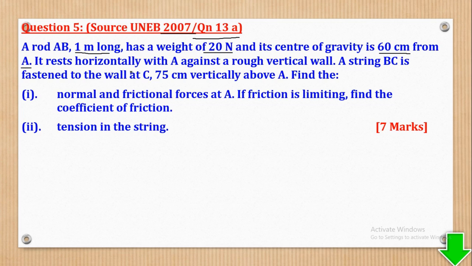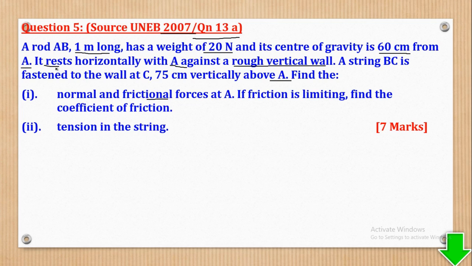It rests horizontally with A against a rough vertical wall. A string BC is fastened to the wall at C, 75 centimeters vertically above A. Find part A, the normal and frictional forces at A. So I think we realize that when they talk about resting, they talk about frictional forces.